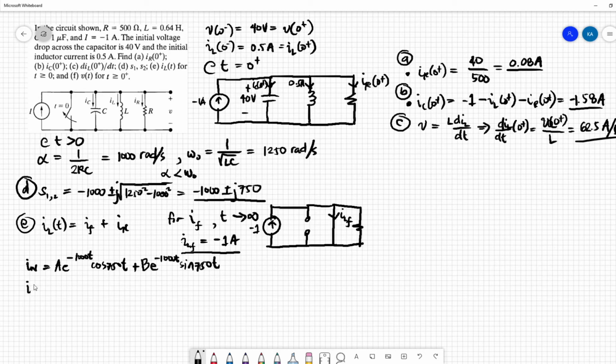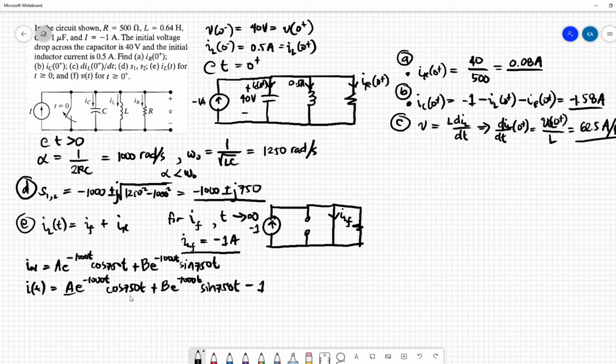Our complete response is IF plus IN. So we have A e to the negative 1000t cosine of 750t plus B e to the negative 1000t sine of 750t minus 1.